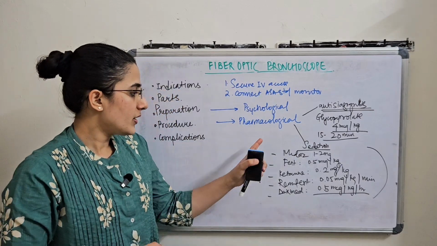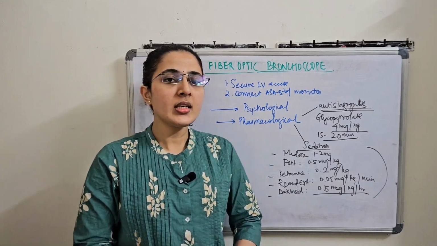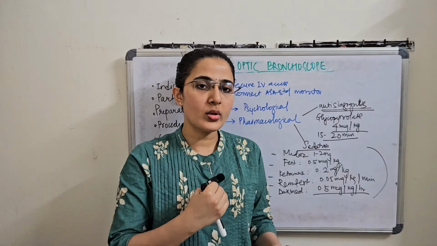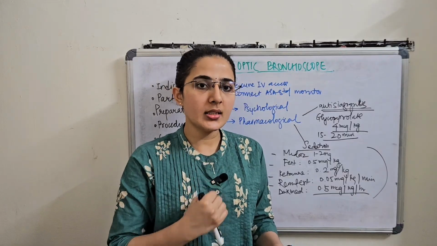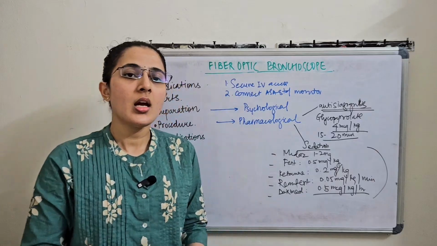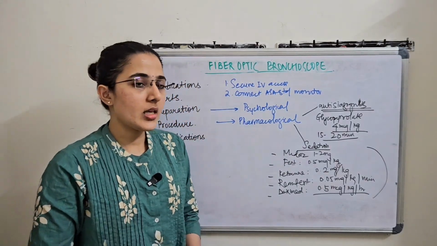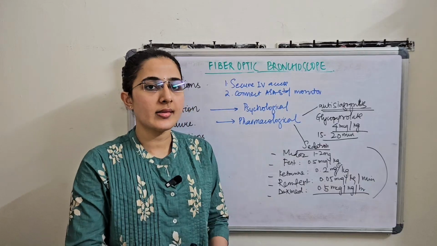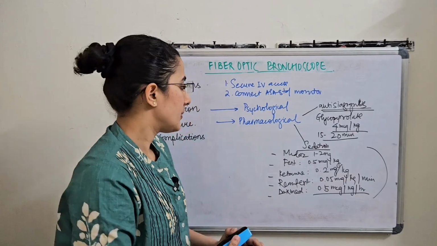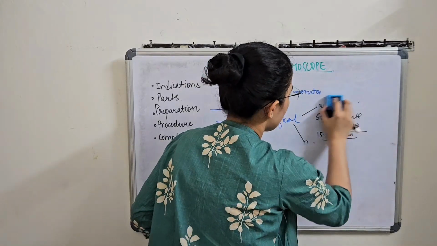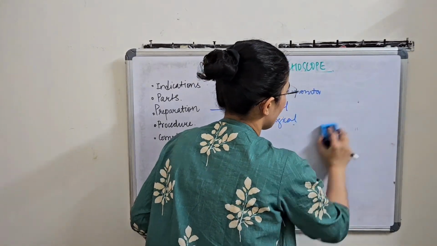So after this pharmacological preparation, how do we prepare the nasal, oral, laryngeal airway as well as the tracheal airway for the process of fiber optic bronchoscopy? Let's start with the nasal preparation. In nasal preparation we give nasal drops.